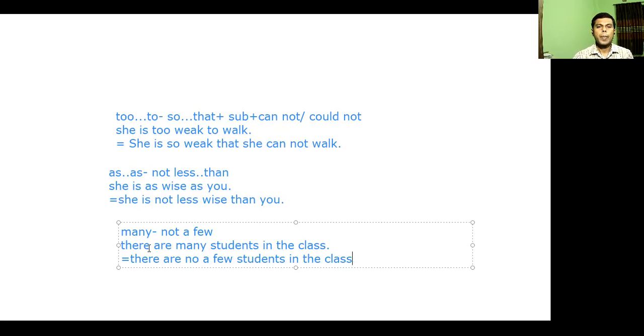I replaced "many" with "not a few." I replaced many with not a few. And it is: there are not a few students in the class. Have you got it? Then go to the next cube.